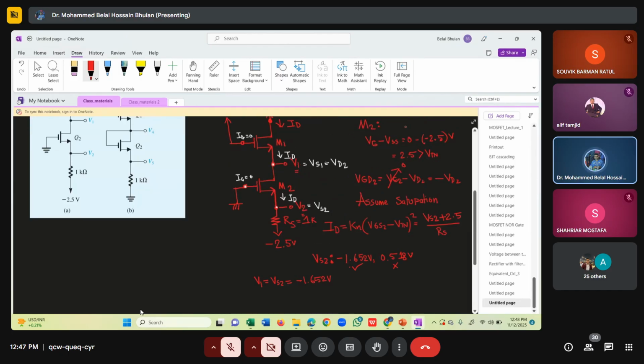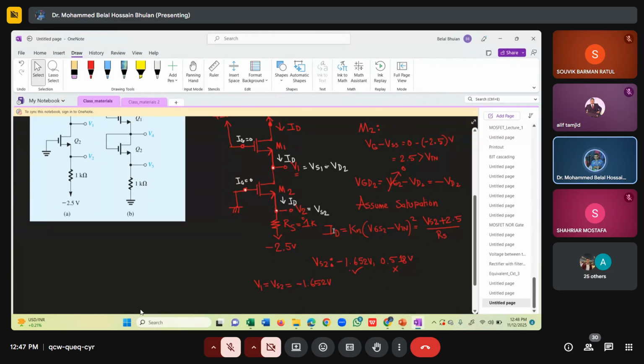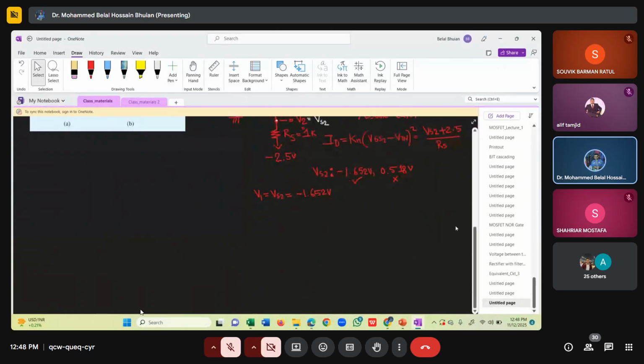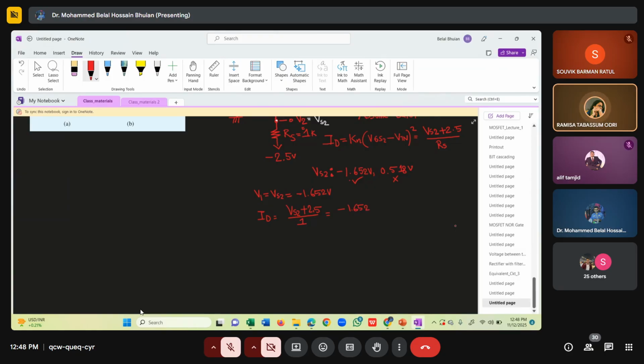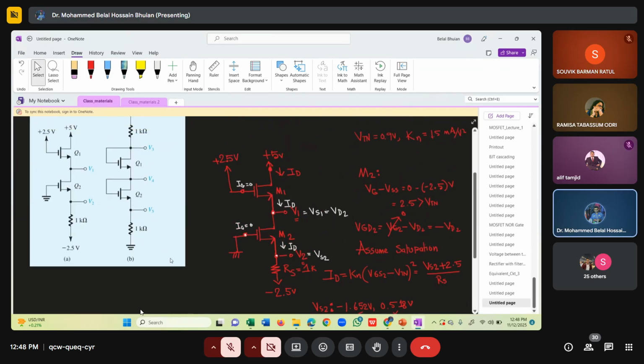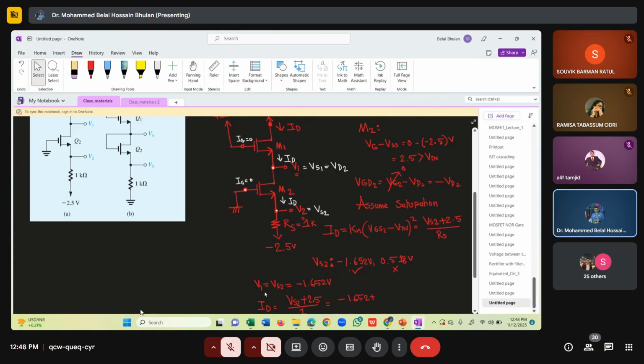V2 we got, then I can determine ID. For ID, we know that ID is equal to VS2 plus 2.5 divided by RS. So ID is equal to VS2 plus 2.5 divided by 1K. Sir, shouldn't this be V2? V2 equals VS2. Okay, sorry, it's my mistake again.